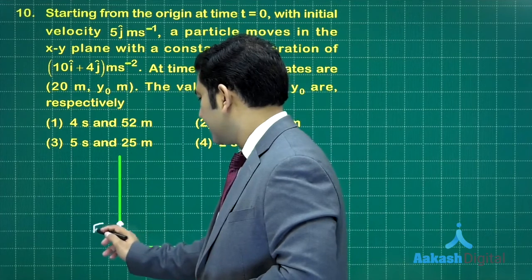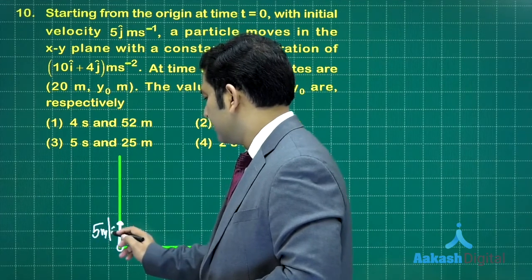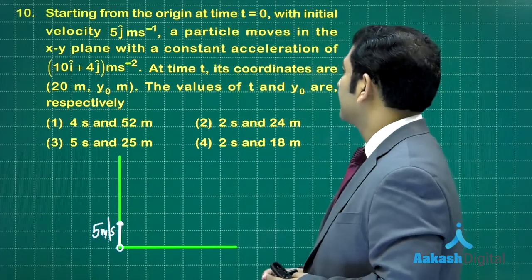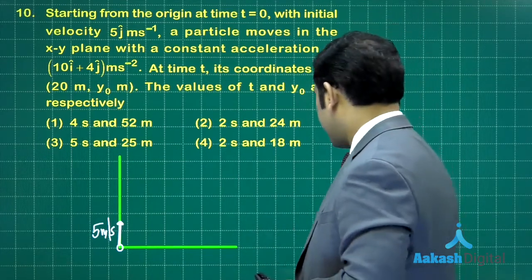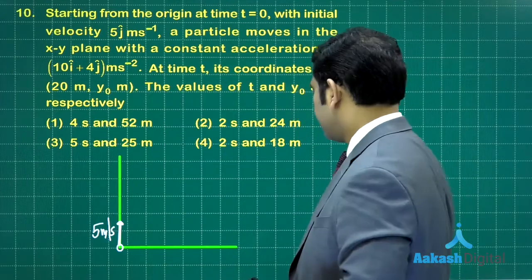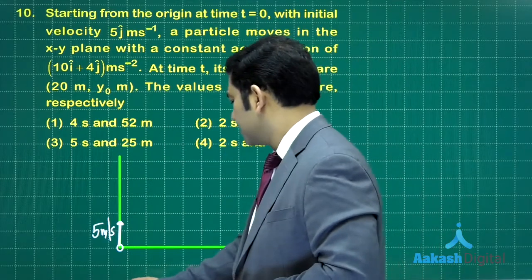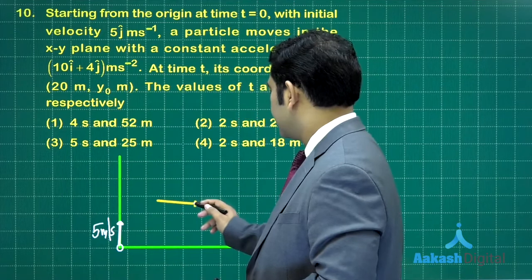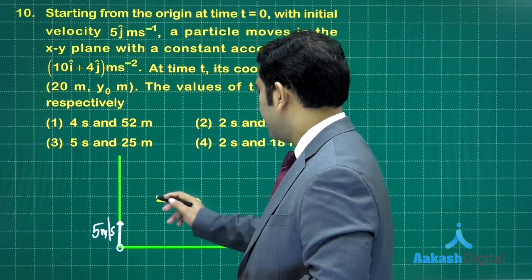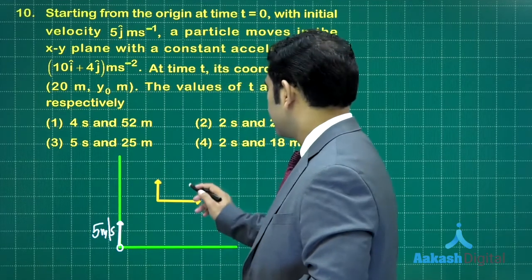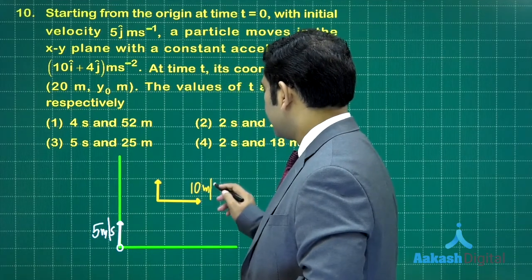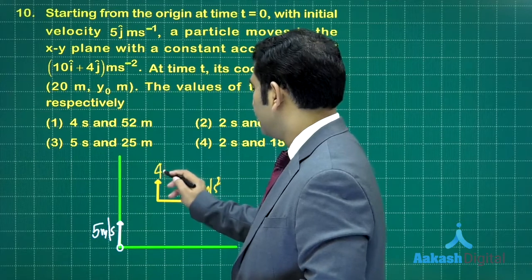Let me write that as 5 meter per second. But then it also has an acceleration, and that's 10 i cap plus 4 j cap. So let me represent that acceleration. Here is 10 i cap and here is 4 j cap. So 10 meter per second square and 4 meter per second square.